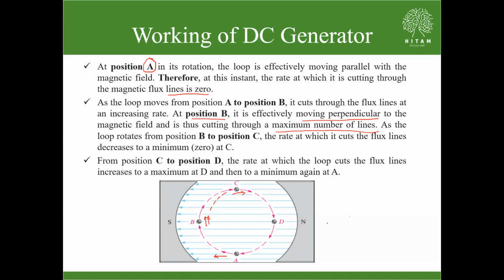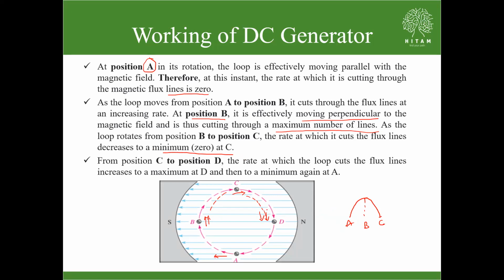So at A it is 0. From A to B it is increasing, reaching the maximum at the perpendicular. From B to C it is decreasing and reaches 0, the minimum at point C. Then from C to D, again cutting, increasing, and now it is in the perpendicular direction, but downward.